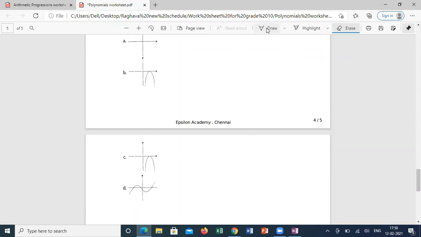I will show you the graph. One graph I will draw here. It's very simple.